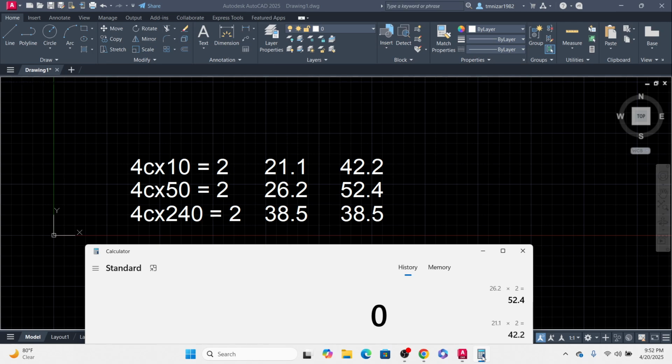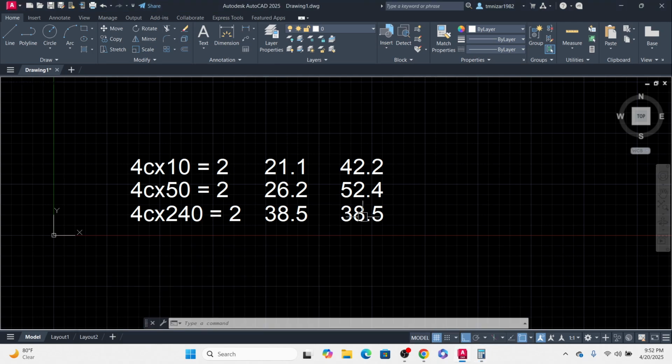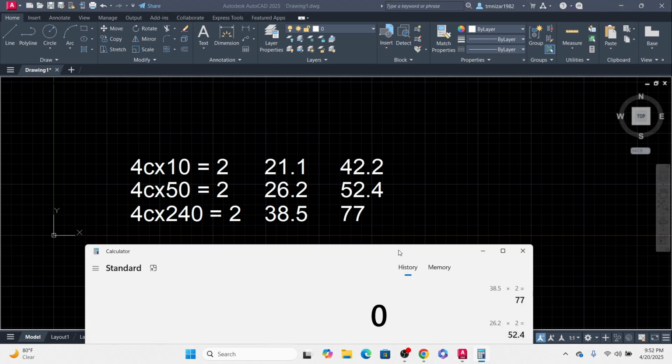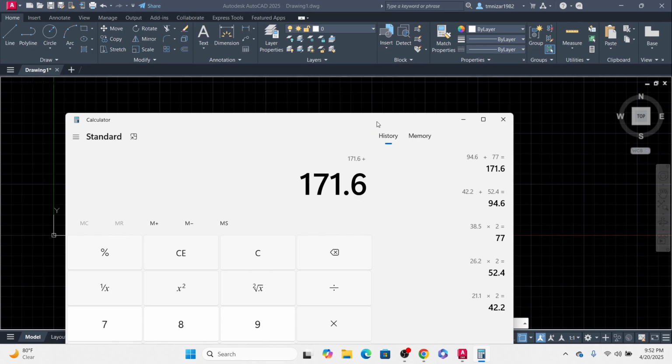Let's go 38.5 into 2, 77. Okay, so let's calculate 42.2 plus 52.4 plus 77. Then we will multiply into 2.